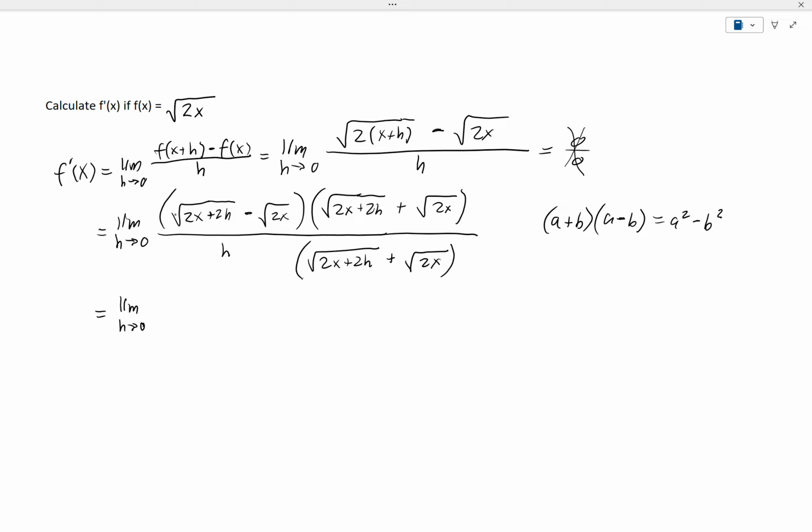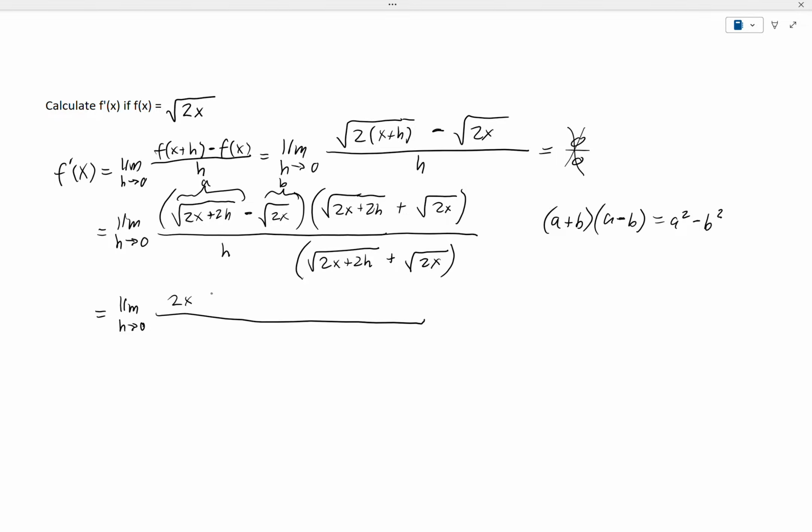Well, just imagine that this is a right here, and that this is b. Whenever we do this FOIL over here, we end up getting an answer that involves only the squares of a and b. And the fact that a and b themselves are roots means that whenever we do the squares of a and b, it's going to simplify them a lot because it just completely removes the roots.